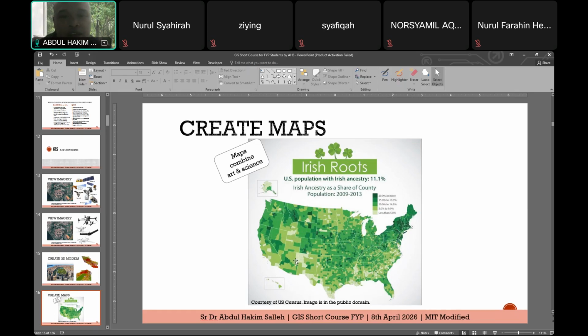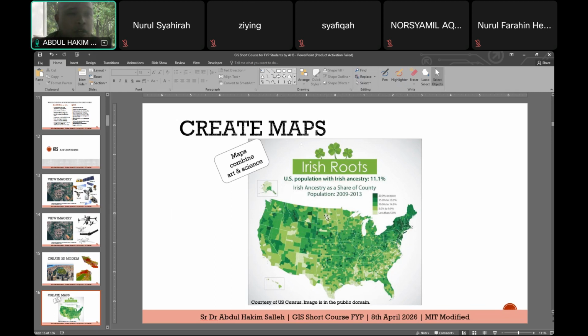The darker the area, the more people with Irish roots are densely populated in that particular area. So they can look for them. They can perhaps celebrate, what is that celebration? The tiny guy with a green hat. I forgot about it. Anyway, it can give you some invisible information.